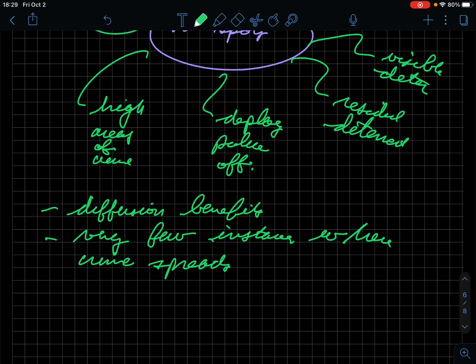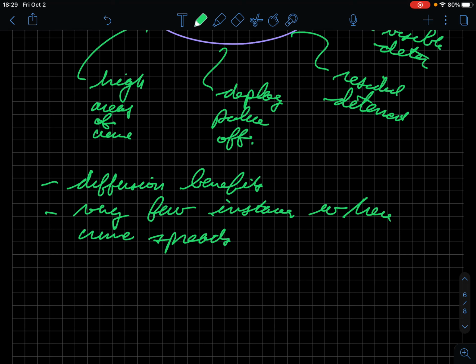That's what the evidence shows us, right? There are very few instances where this happens. In general, crime goes down moderately.